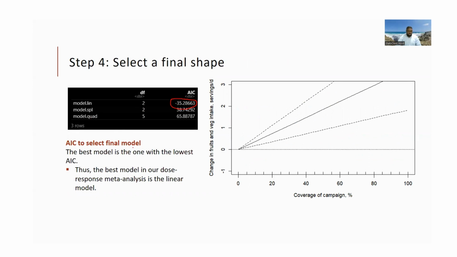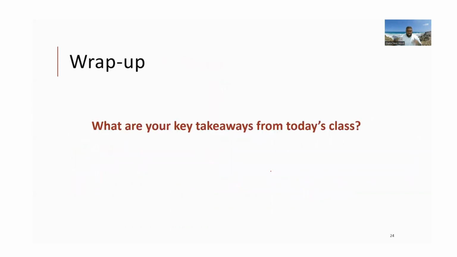This doesn't happen all the time. Sometimes it's the spline, sometimes the quadratic. It just so happens that the way that this relationship is, it's just the linear that's significant. And if you plot this in R, you'll get a plot that looks like that, right? So essentially, this is the approach to understanding the range of exposure and outcome relationship.